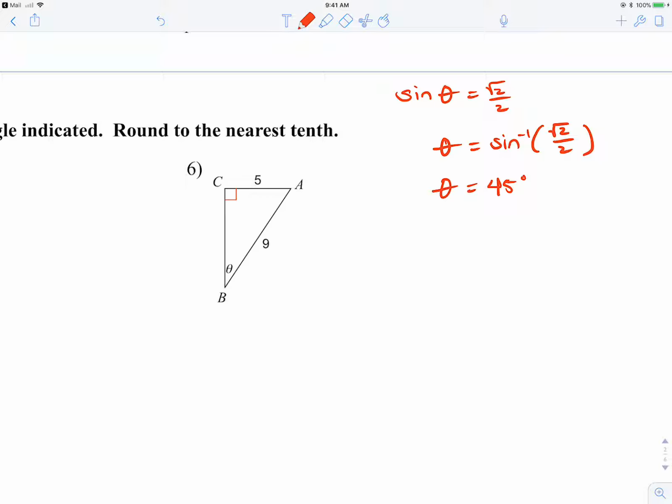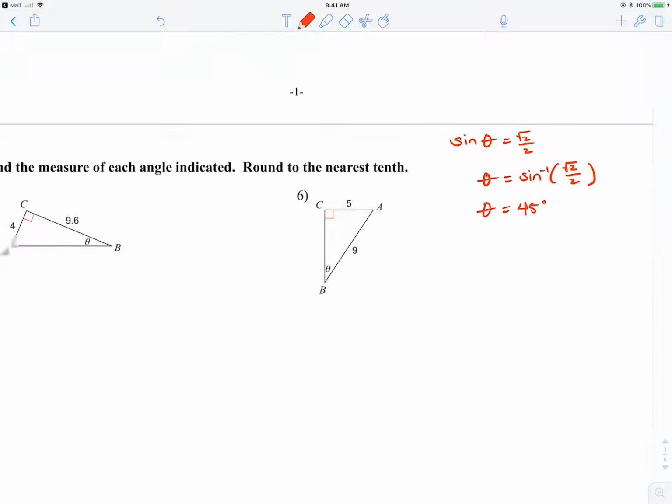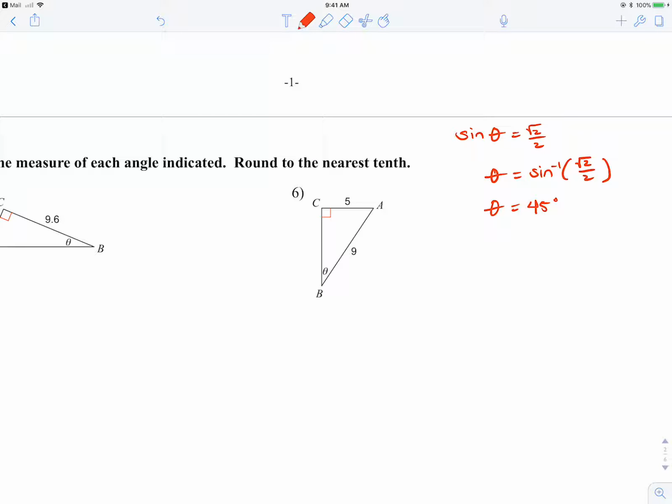Now, for what we're using the inverse trig functions for, helping us to solve triangles, next class we're going to be looking at solving oblique triangles as well, the ratios that we're going to be using, at least for right triangles, are all going to be positive, right?